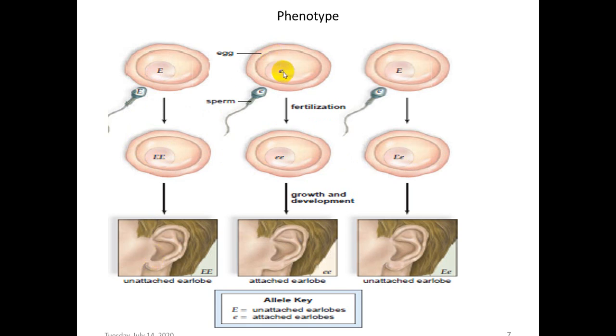If it is small e in the egg and small e in the sperm, it will be ee, and this will be attached, and it is recessive. Capital and small again, unattached, Ee, because the capital E is the dominant. Okay, and I think this is simple, and you have had it a hundred times in your high school last year.